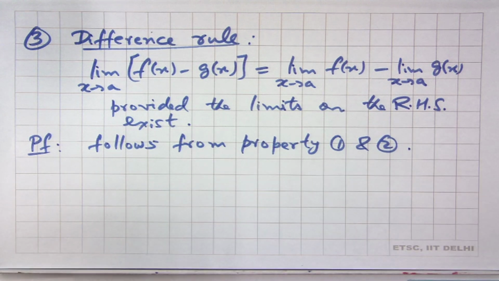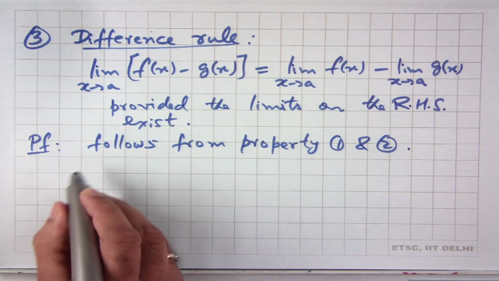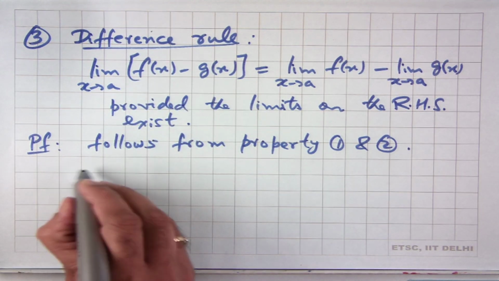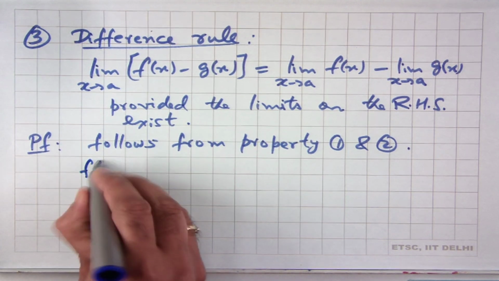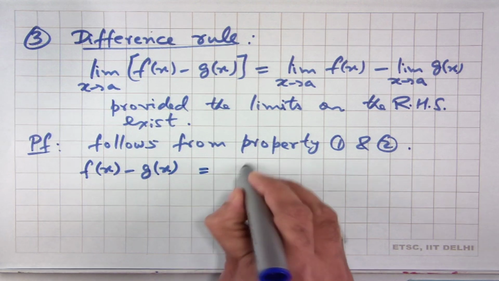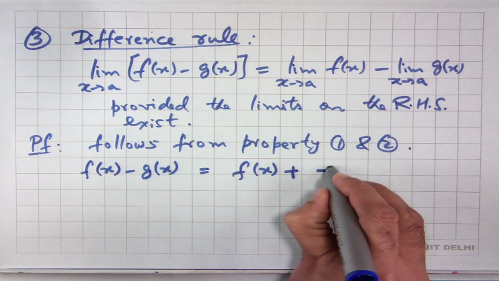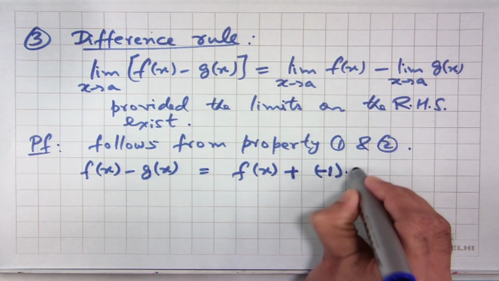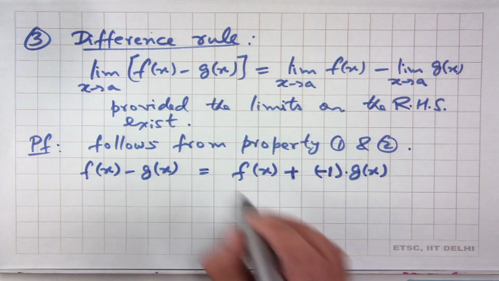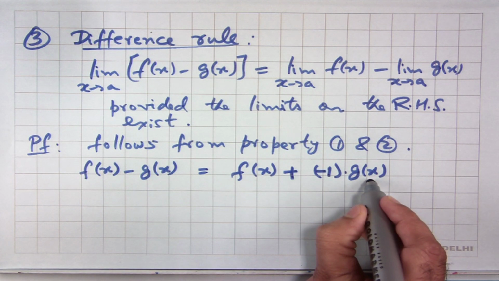Of course, one can prove directly also using the epsilon delta definition, but let me show that this actually follows from 1 and 2. So, we have f x minus g x, you simply write this as f x plus the constant minus 1 times g of x. So, now we have the sum of two functions f x and minus 1 times g of x.